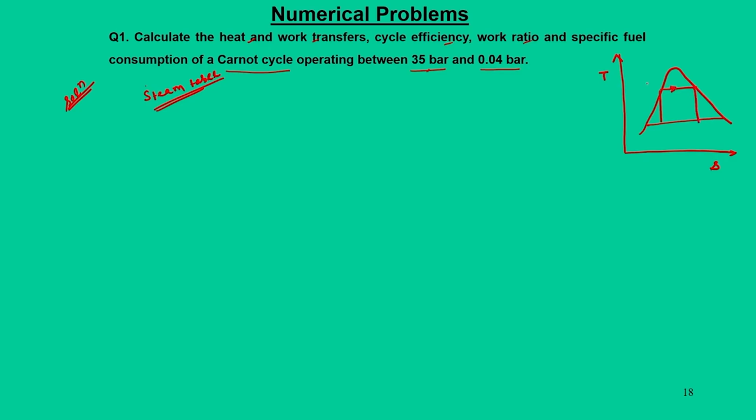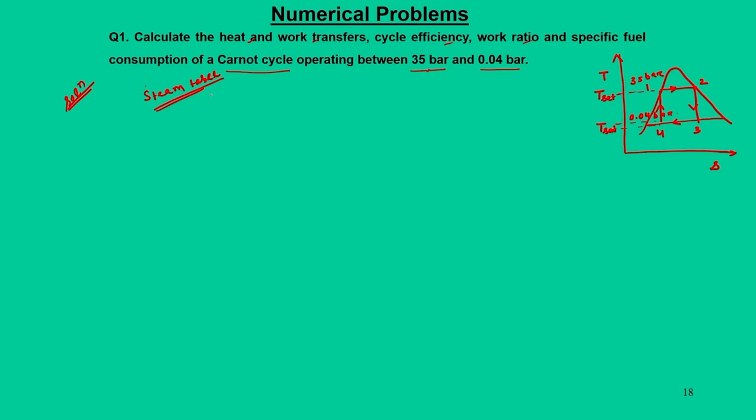State 1 to 2 is the boiler, 2 to 3 is the turbine, 3 to 4 is the condenser, and 4 to 1 is the pump. The saturation pressures are 35 bar and 0.04 bar, and the corresponding temperatures are T saturated at 35 bar and T saturated at 0.04 bar.